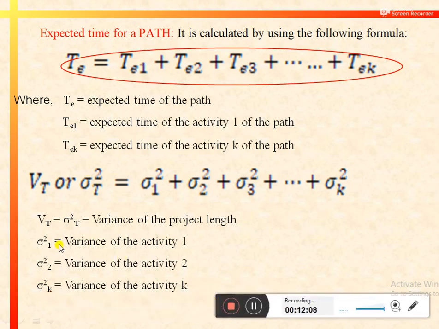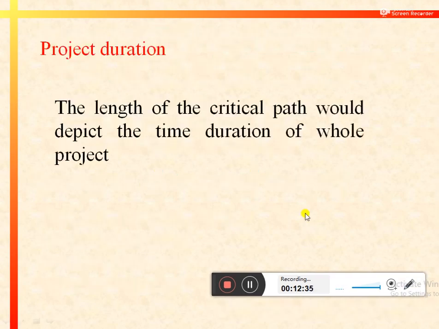Sigma 1 square denotes the variance of activity 1, sigma 2 square denotes the variance of activity 2, similarly sigma 3 square denotes the variance of activity 3, and sigma square k denotes the variance of activity k. So by using this formula, we can calculate expected time for a path and expected variance for a given path. So with this information, now we would discuss how to calculate the project duration.